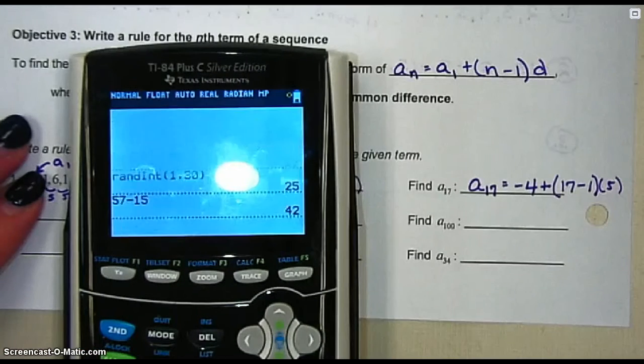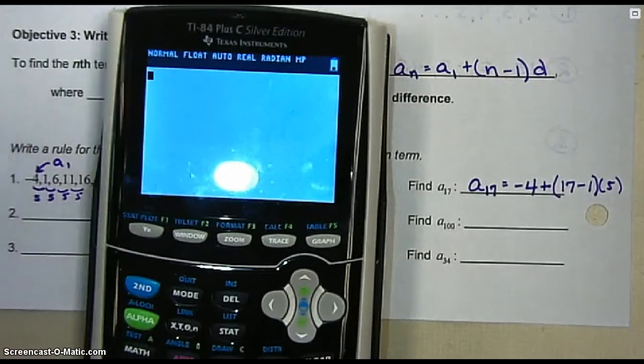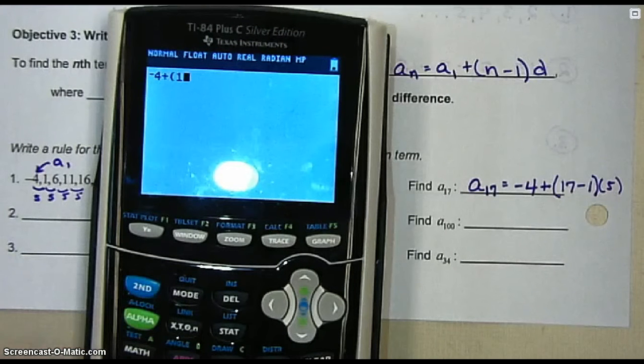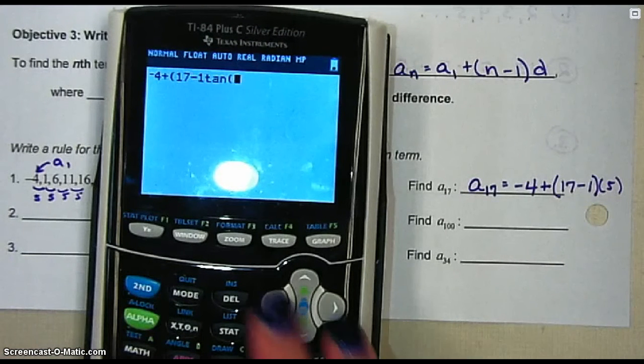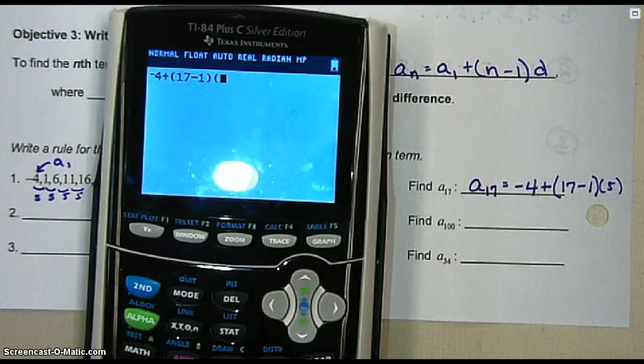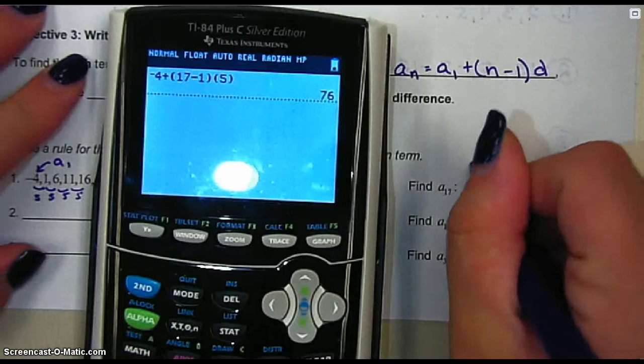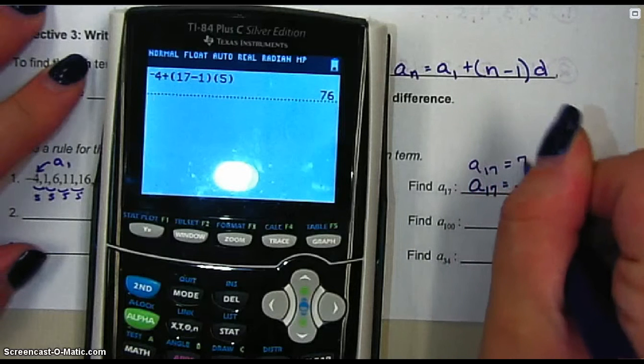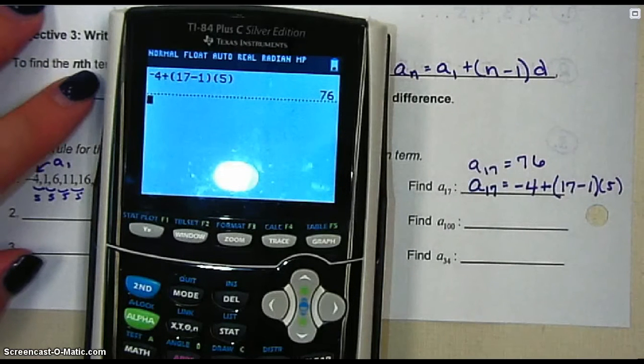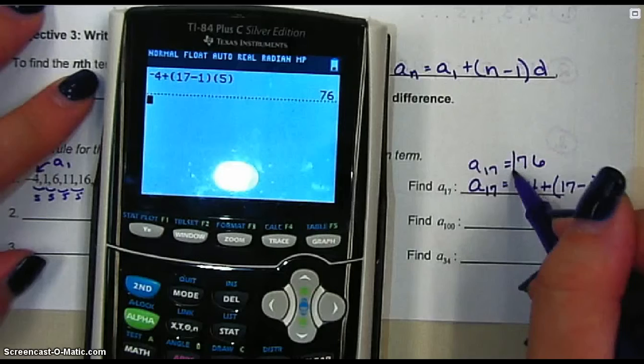You can do it in your head if you'd like, but why not use our tools? So -4 plus 17 minus 1 times 5. So the 17th term is 76. So a sub 17 equals 76. And that would be our answer.